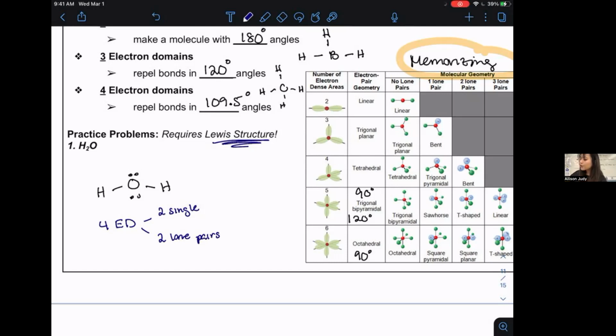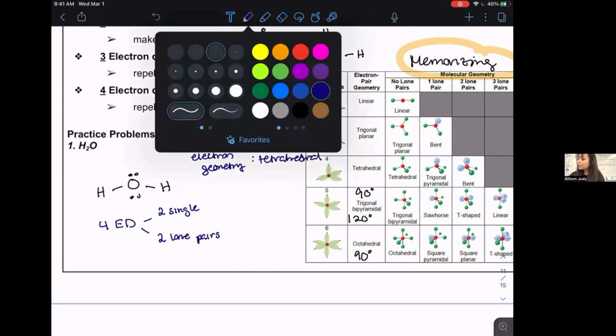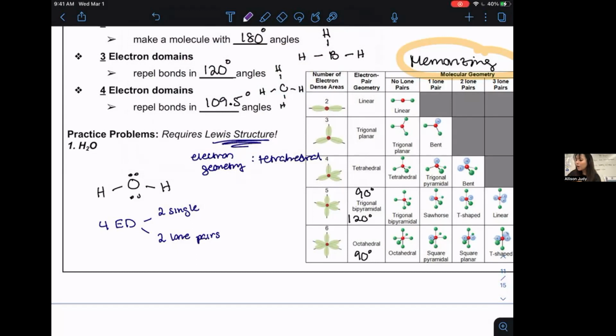Originally, we would call that shape, if we included the lone pairs, electron geometry. If we include the lone pairs, we would call this a 4 electron domain tetrahedral. But when we name the molecular geometry, we only name based off of the bonded, connected domains.